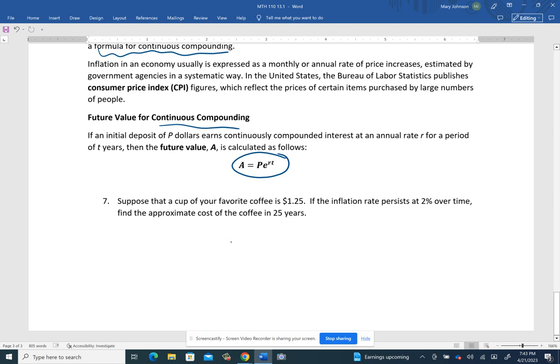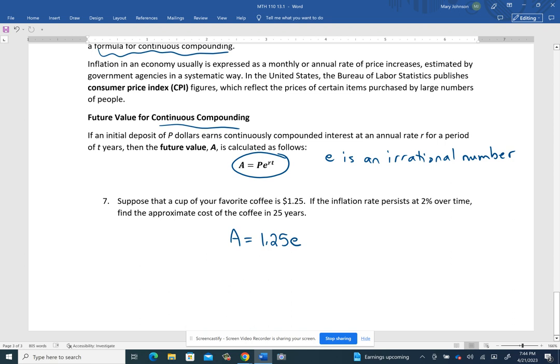We're going to use the continuous compounding formula, and we're going to think of the price of the coffee like we would the principal. Then I'm going to explain what E is. Let me erase that for a minute. E is an irrational number, so it's a number that has a decimal equivalent that I can't write down because that decimal goes on forever and never repeats.